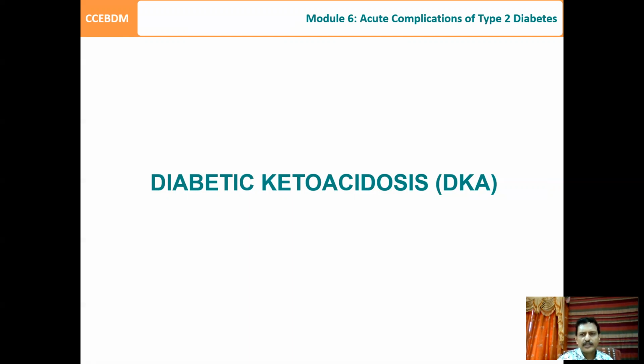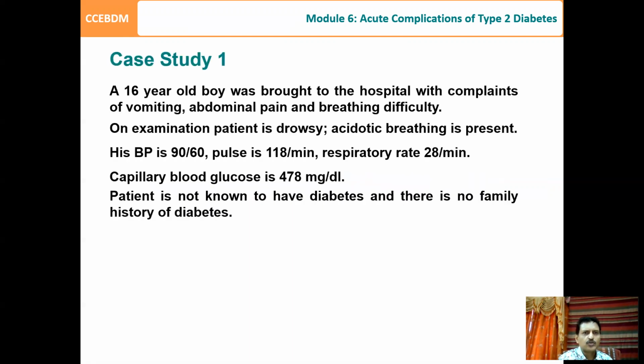All of you are aware that diabetic ketoacidosis usually occurs in type 1 diabetic subjects, but it may occur in type 2 diabetic subjects as well. So let us have a look into this case study, and you'll find that this is a 16-year-old boy who was brought to the hospital with complaint of vomiting, abdominal pain, and breathing difficulty.